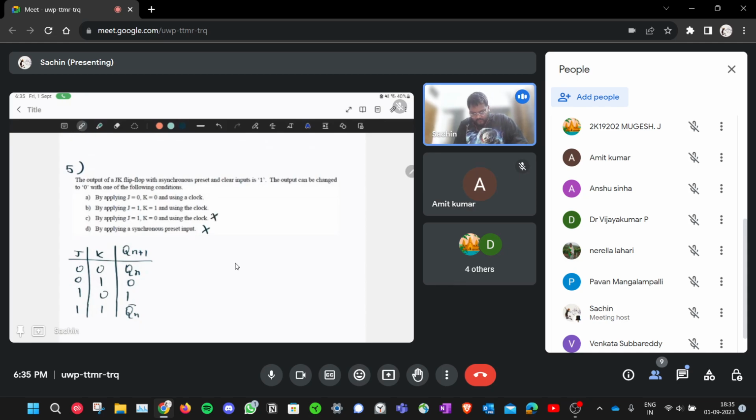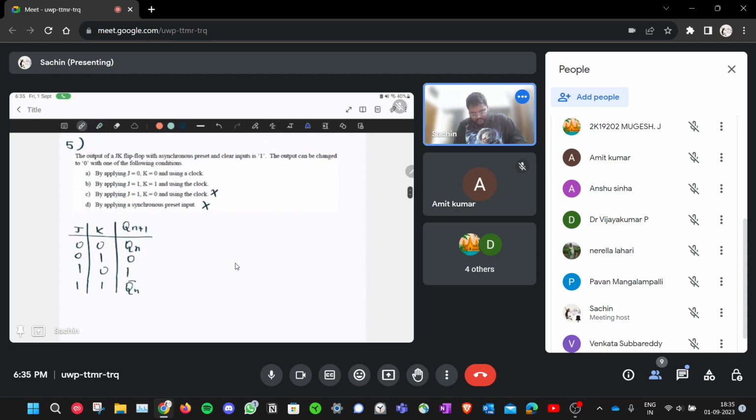Option B is you apply J is equal to 1 and K is equal to 1. At that point of time it will toggle, but you don't know what the previous output is, right? So if the previous output is 1, of course it will change to 0, but if it is 0, it can go to 1. So you can't be sure that giving J equal to K equal to 1 will give you the desired output.